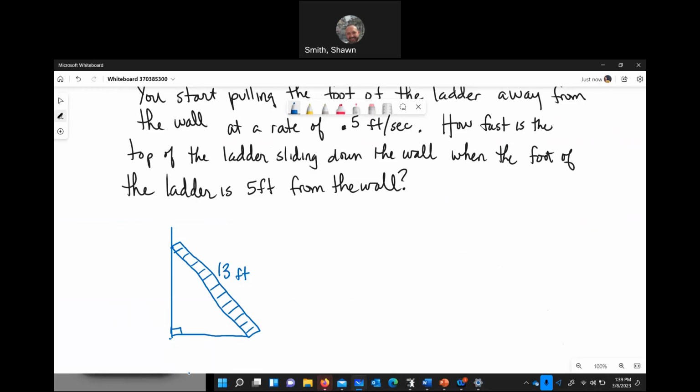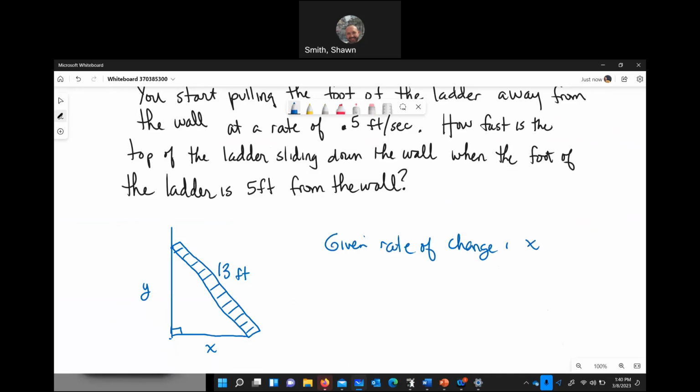All right, so let's see what's given. Let's call the horizontal X and this Y. These are the lengths of the sides. I don't know exactly how high the ladder reaches. I don't know if it's almost vertical and very steep, or really shallow. But I'm taking that ladder and pulling it back at a specific rate. That's given. It's the rate of change of X, the horizontal rate.